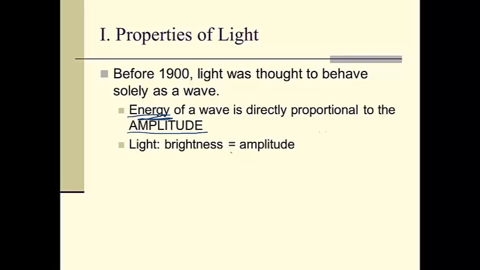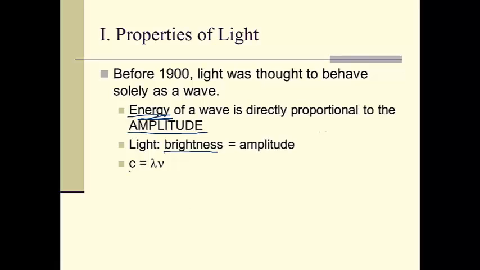So for light, if you put more energy into it, what happens? It gets brighter. If you take a flashlight, the batteries get weak, it gets dimmer. Put in new batteries, it gets brighter. You're putting more energy into it. So the energy must be the same as the amplitude, which is the same as the brightness.